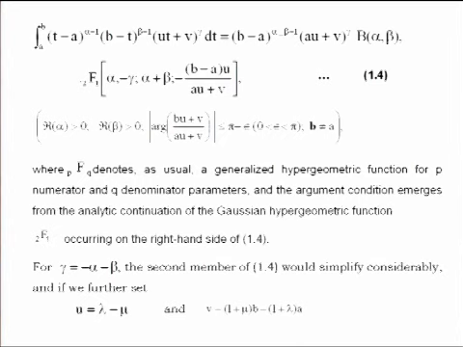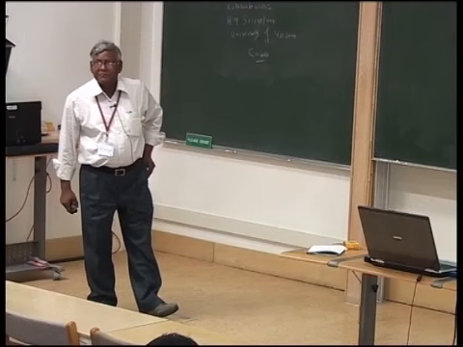Here real alpha is greater than 0 and real beta is greater than 0, and the modulus of the argument of (bu+v) over (au+v) is less than or equal to pi minus epsilon, where 0 is less than epsilon less than pi and b is not equal to a. So this is the Euler integral.